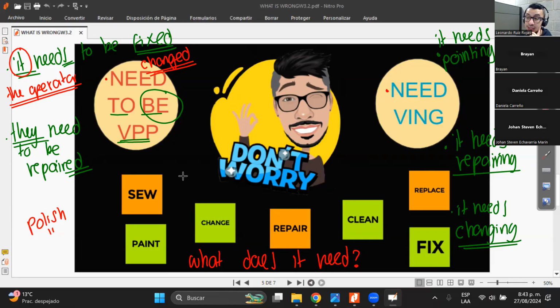Ok, si usas changed en pasado, sería the screen needs to be changed, ¿cierto? O si usas solo need, the screen needs changing con ing, right? Or I can also use polish, which is pulir. Entonces I can say the screen needs to be polished or the screen needs polishing. Both possibilities for the same idea.